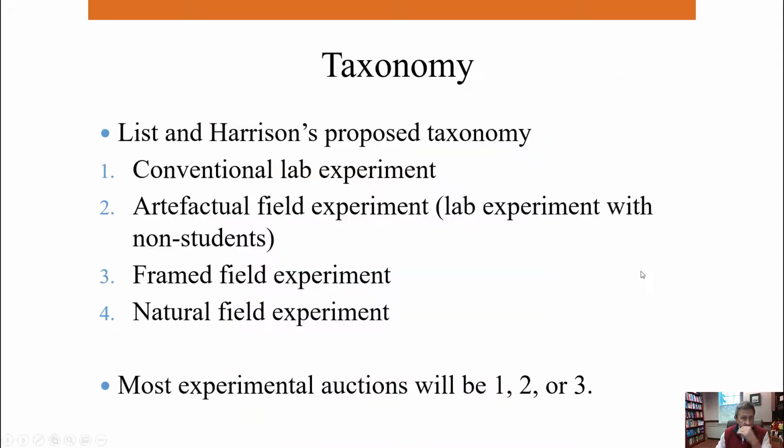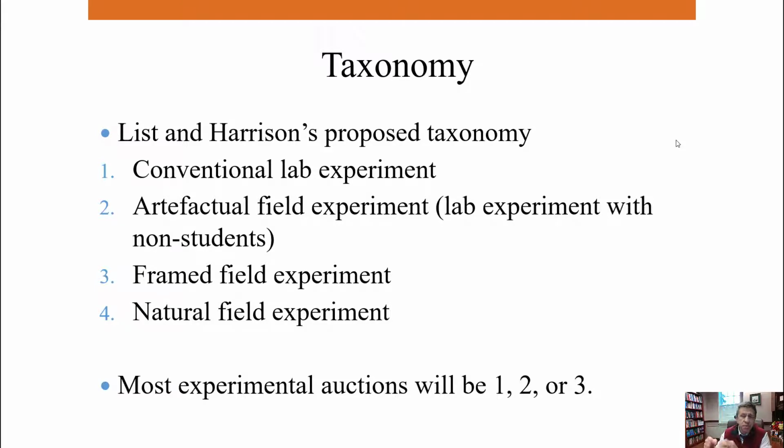Within that, in their definition, they propose a taxonomy of four different ways you could think about this. You could think about a conventional lab experiment, an artefactual field experiment, which is just a lab experiment but not using student samples, a framed field experiment, which is similar, it's out in the field and it's an experiment being done in a field setting, but participants clearly know they're in the experiment, which we'll discuss, and a natural field experiment being the fourth.